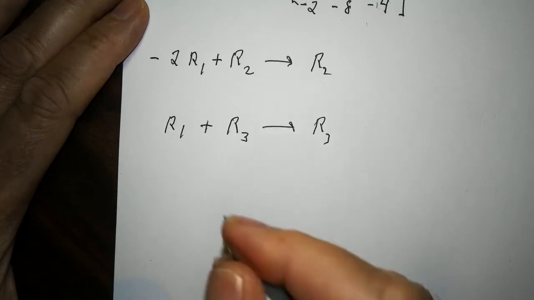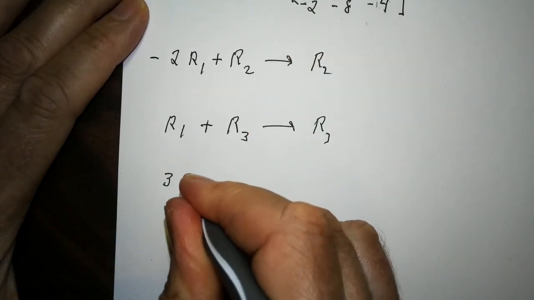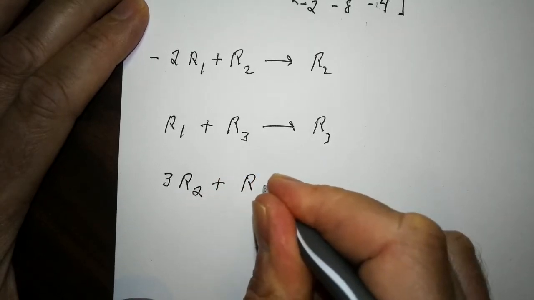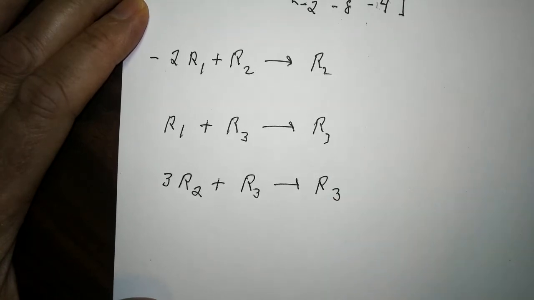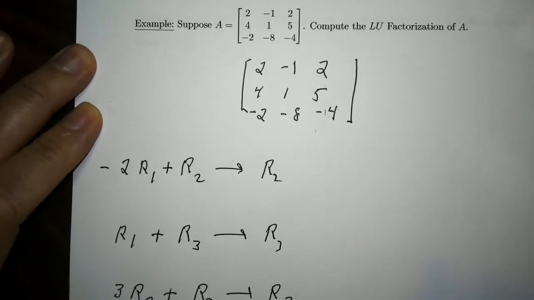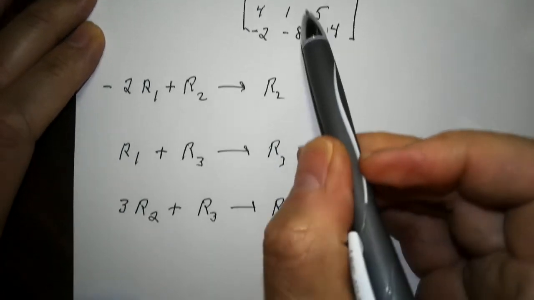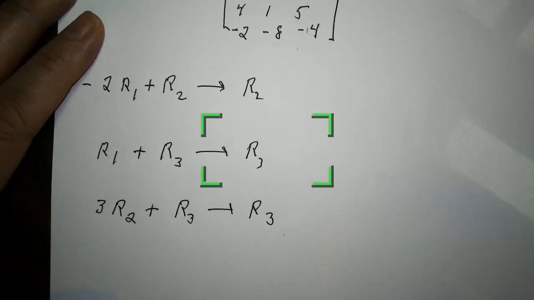We will take 3R2 plus R3, and place that into R3. Those are the 3 operations that will take this matrix and give us an upper triangular matrix, which I will be writing down now.